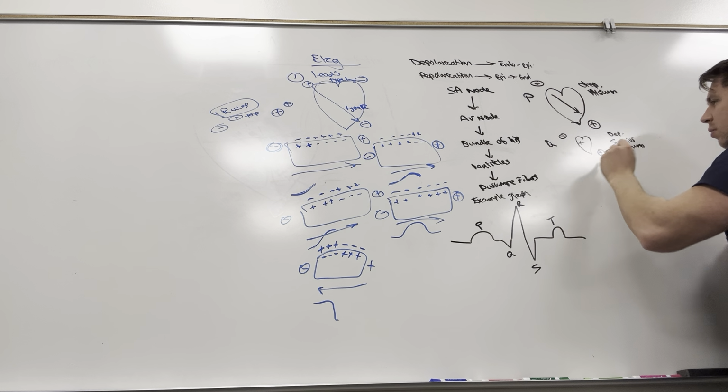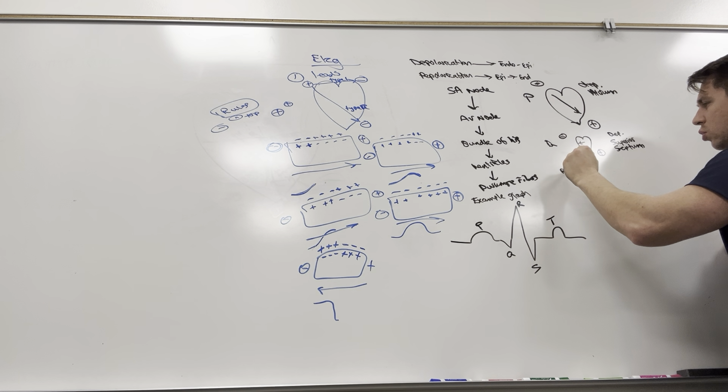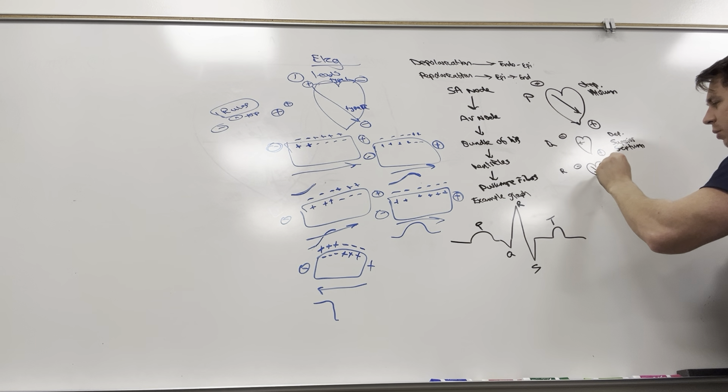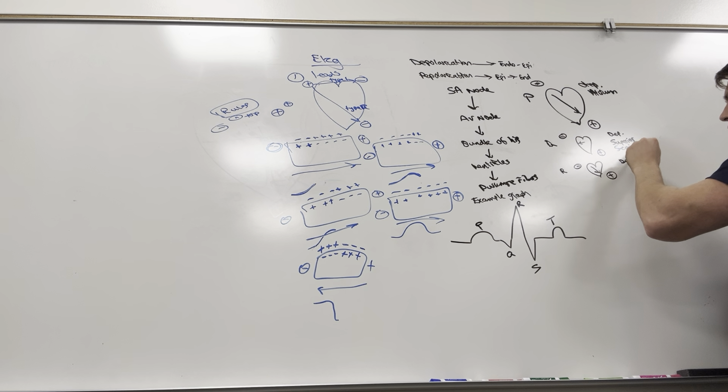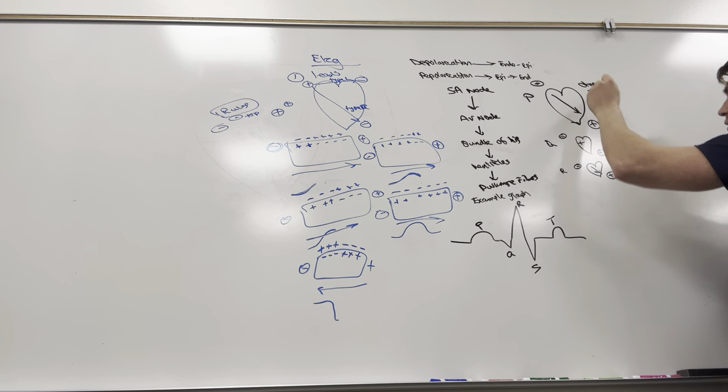Okay. Then R is huge, and the arrow is going to be down like this, positive here, and this will be the depolarization of the inferior septum and both ventricles.